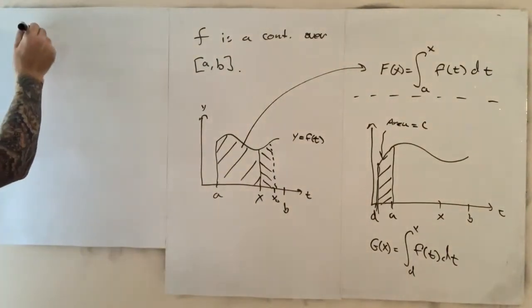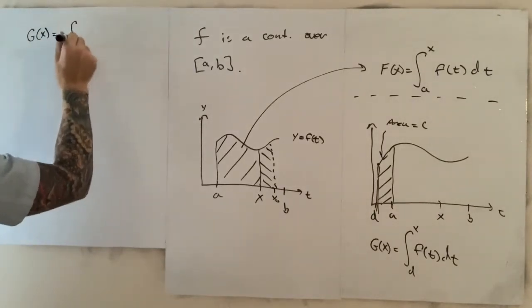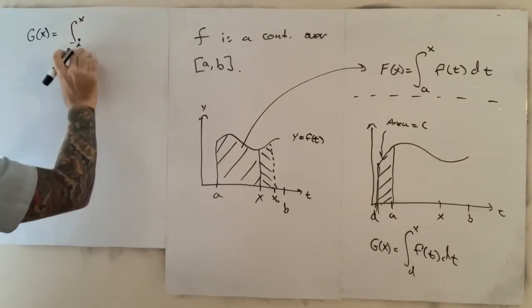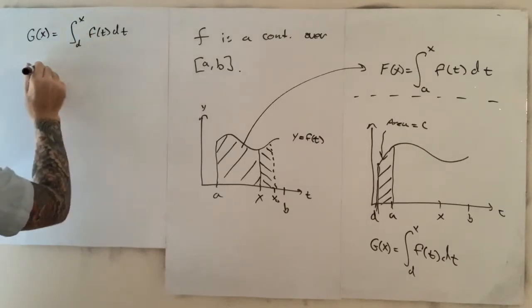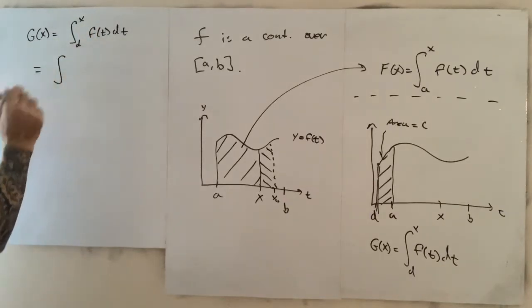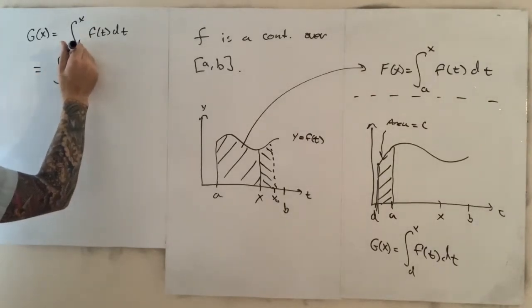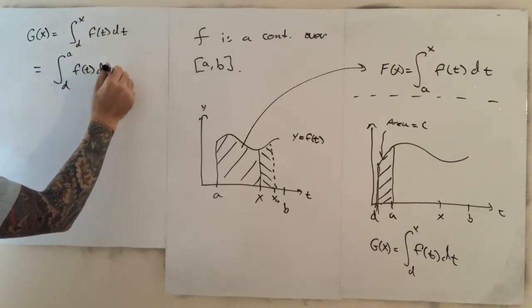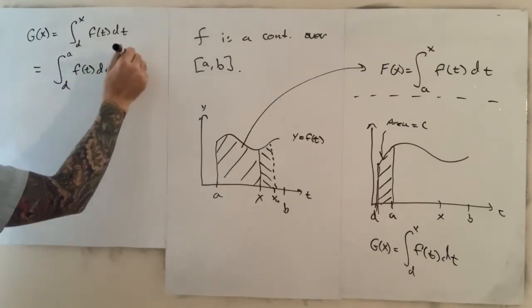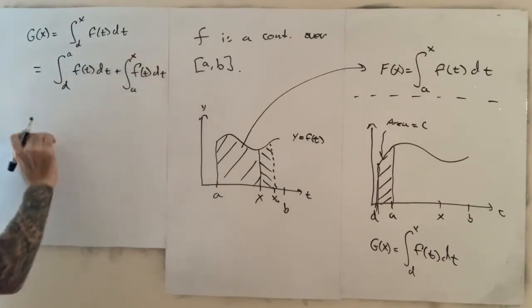Well, notice that g of x is going to be equal to the integral from d up to x of f of t dt. And I can break that up into the integral from d to a of f of t dt, plus the integral from a to x of f of t dt.